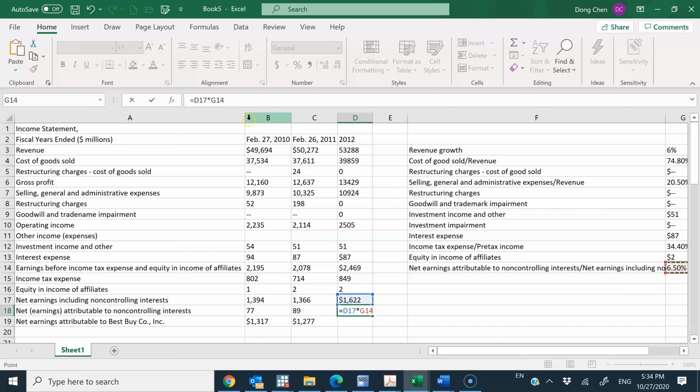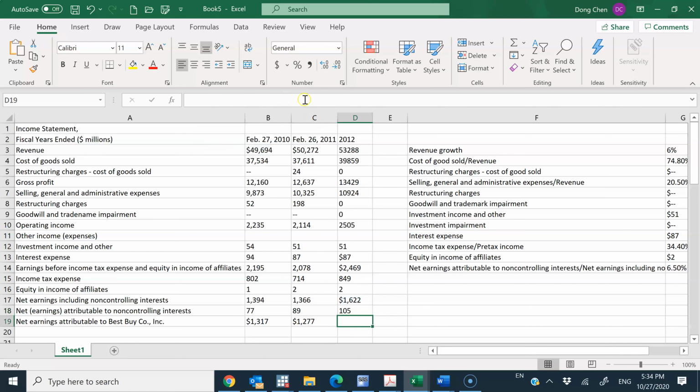That gives us the number, and we will also use the round function. And net earnings attributable to Best Buy, basically the parent company, is the net earnings including non-controlling interest minus the net earnings attributable to non-controlling interest.